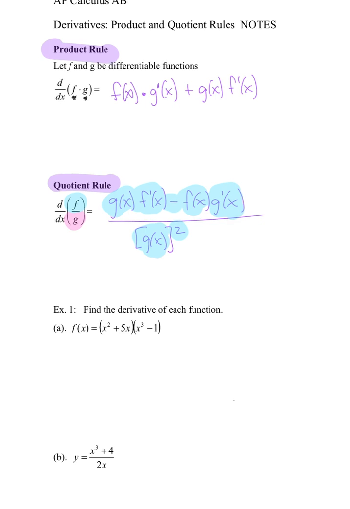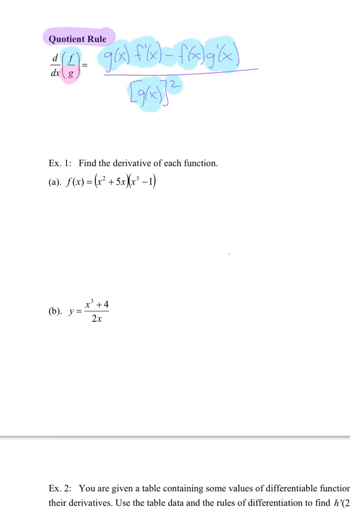For the first example, it's asking us to find the derivative of this product. There are two things here that are being multiplied together. There's this first function and there's this second function. So for the derivative, it's the first times the derivative of the second plus the second times the derivative of the first.